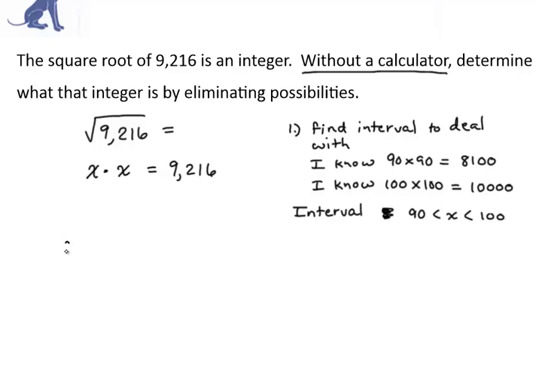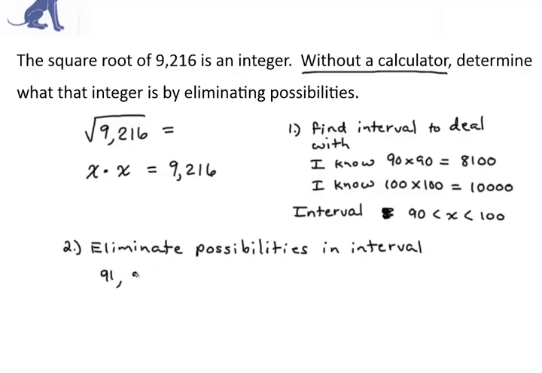So then my second step is I'm just going to eliminate possibilities in the interval. So I'm going to write down all the numbers it could be.